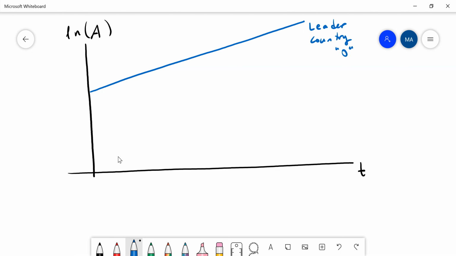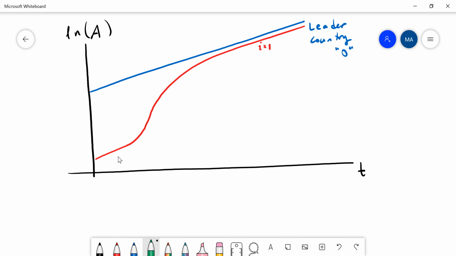Okay, this is country 0. Now, other countries will typically start with a lower productivity. Okay, and they will realize faster than exponential growth. For instance, here it is the same, right? But then technology adoption starts, and then technology adoption ends. So that could be one country.